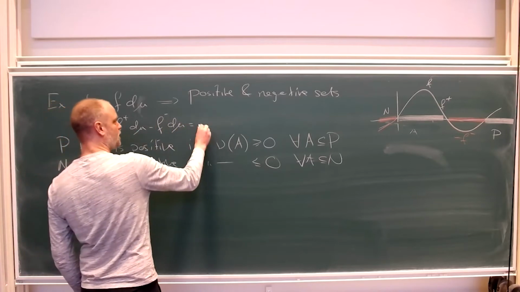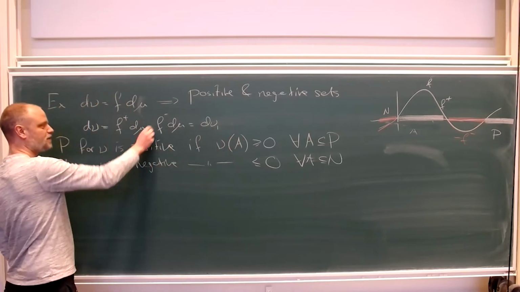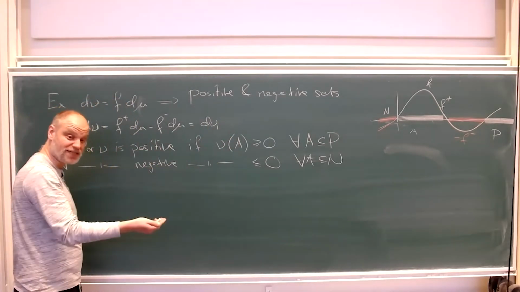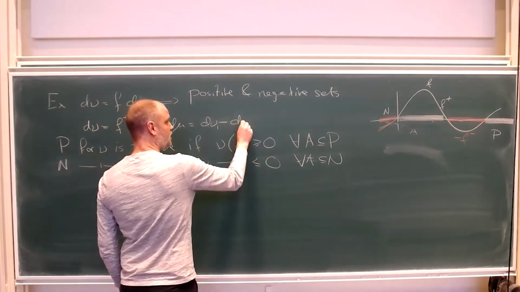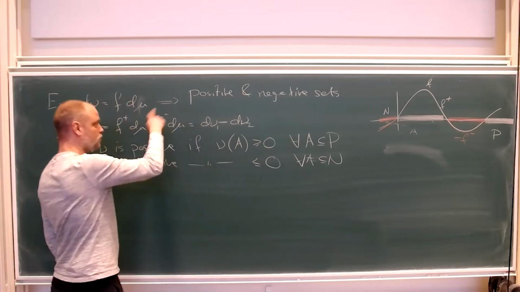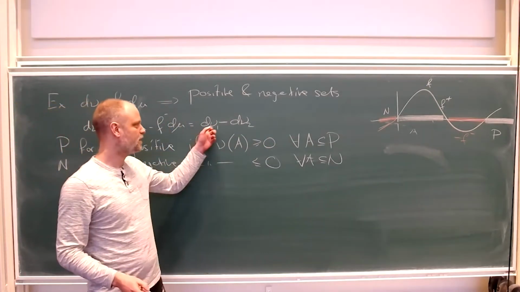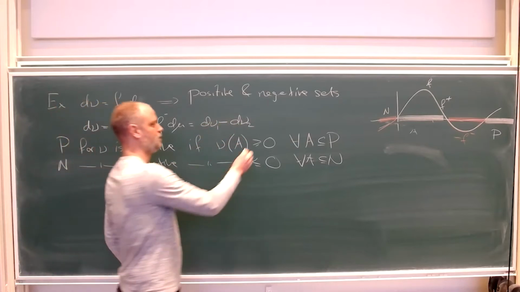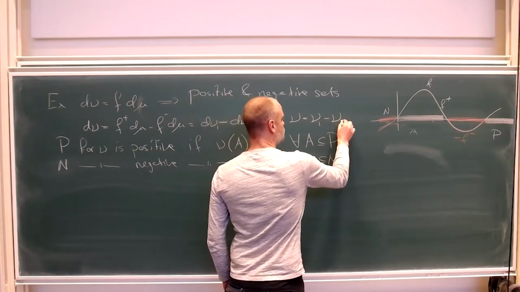So this naturally leads to a decomposition. This guy defines its own non-negative measure, nu1. And here I have another non-negative measure, nu2, because f minus is a positive function, but non-negative. So here we have a difference. At the end of the day, nu is equal to nu1 minus nu2.